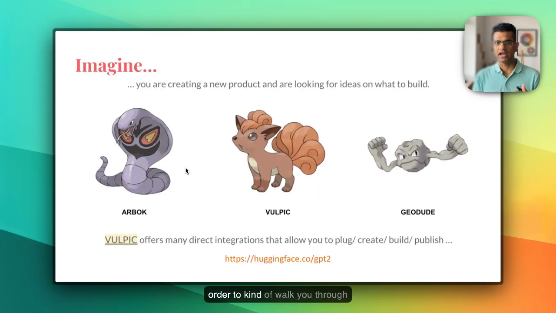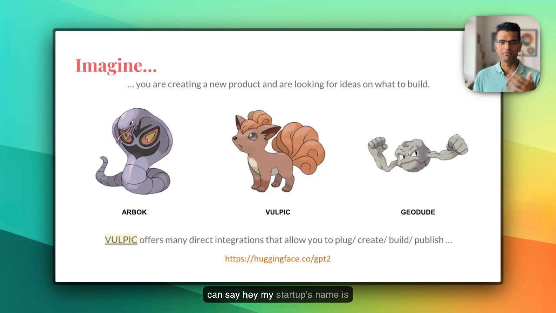To walk you through what is happening here, I try to create a simple example. Let's imagine that you are creating a new product and are looking for ideas on what to build. I'm a huge fan of Pokemon, so I've picked some Pokemon characters as the name of my startup.